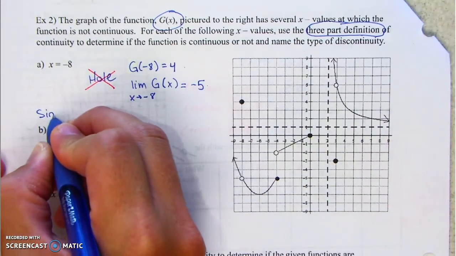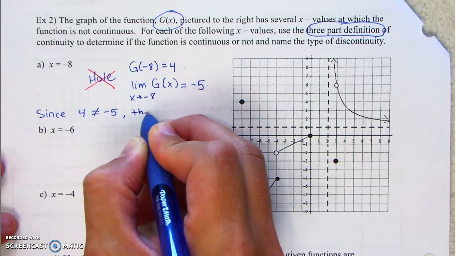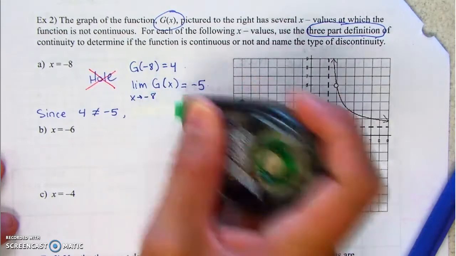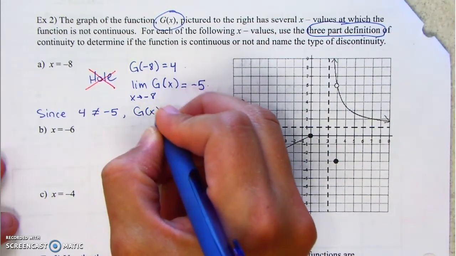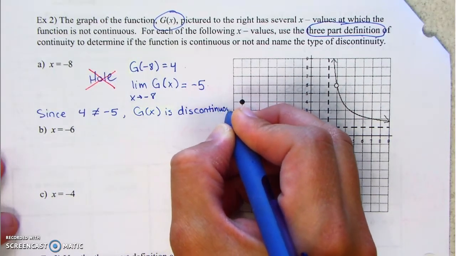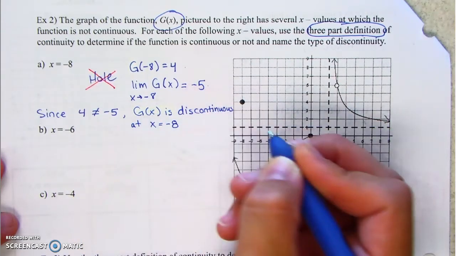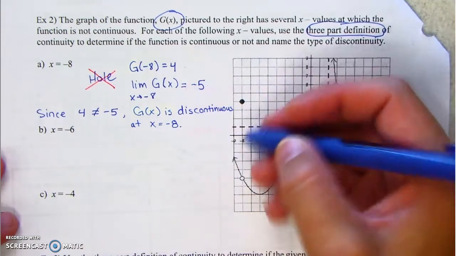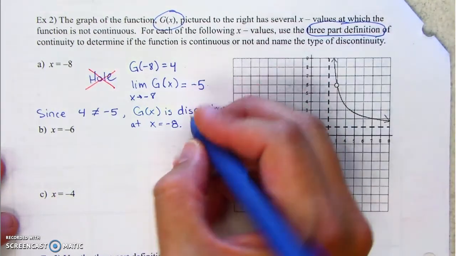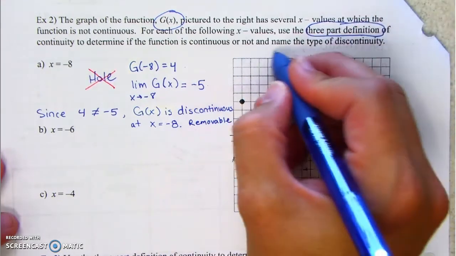So since 4 does not equal -5, the limit, excuse me, g of x is discontinuous at x equals -8. And the type of discontinuity, is it removable, jump, infinite, or oscillating? And that's going to be removable. So we got to write removable right here. Name the type of discontinuity.